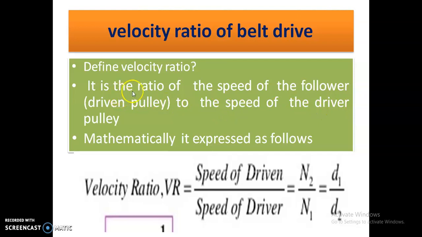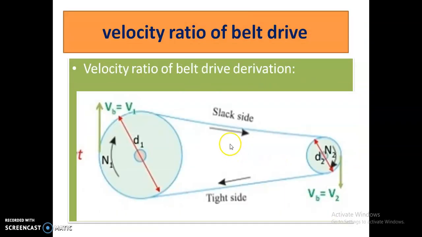Velocity ratio is equal to the speed of the follower pulley or driven pulley divided by the speed of the driver pulley. After solving the derivation, we get the equation n2 by n1 is equal to d1 by d2. So let us start the derivation of the velocity ratio of belt drive.